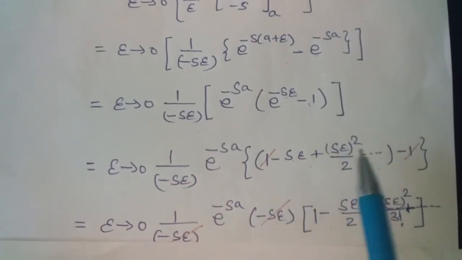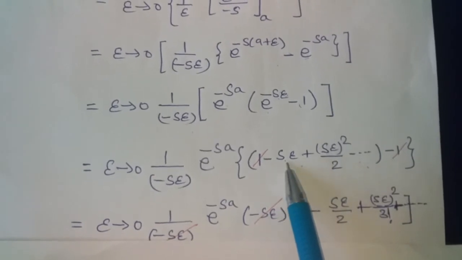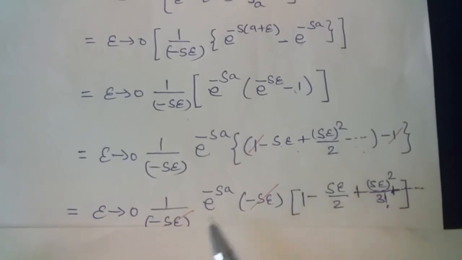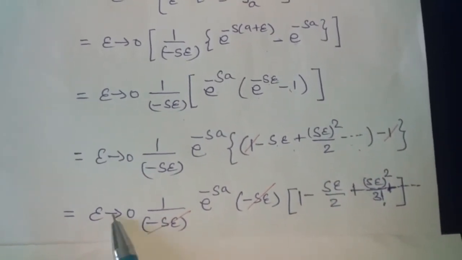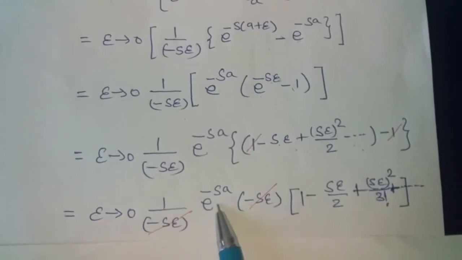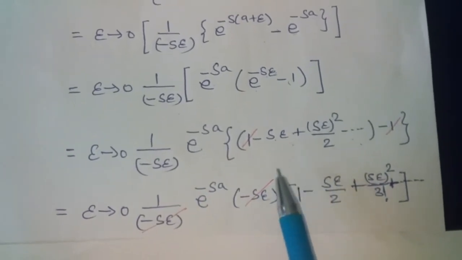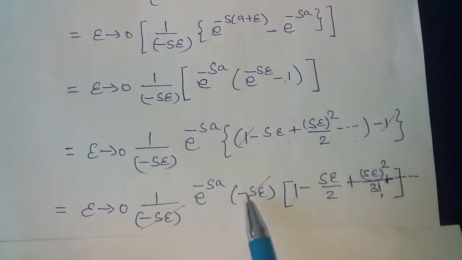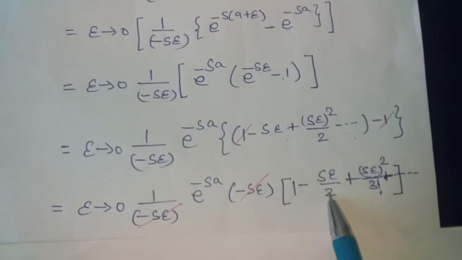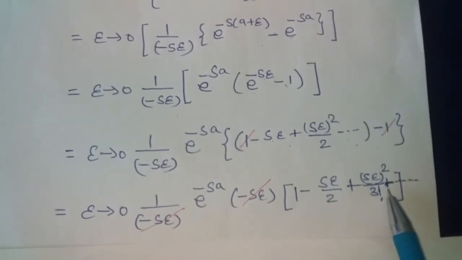So the positive and negative 1 cancel, and then we take minus s epsilon common from the remaining terms. We get the limit as epsilon tends to 0 of 1 upon minus s epsilon into e raised to minus sa. Now with minus s epsilon common from all these terms, we get 1 minus s epsilon by 2 plus (s epsilon) whole square by 3 factorial and so on.